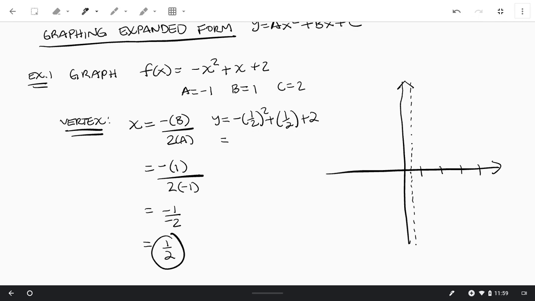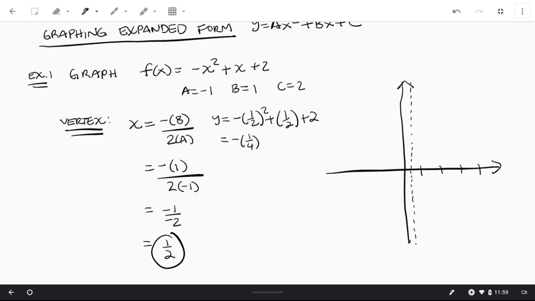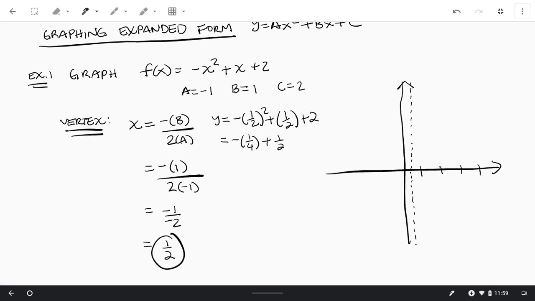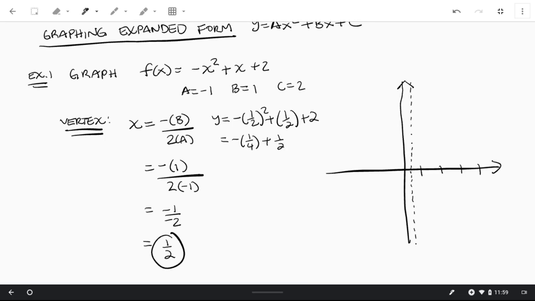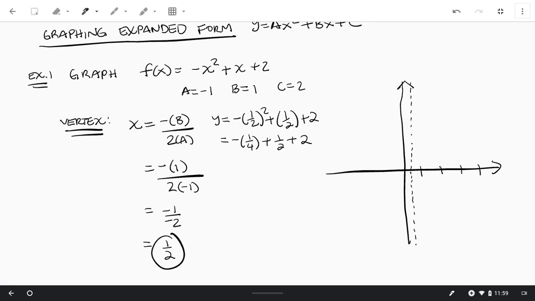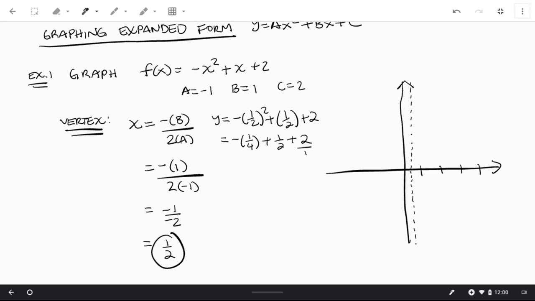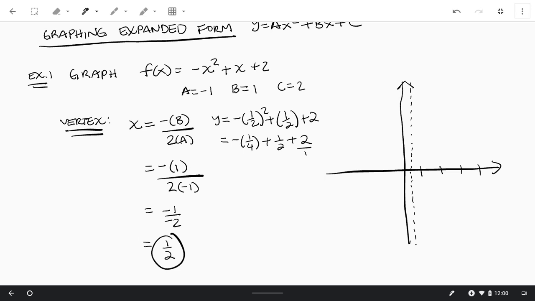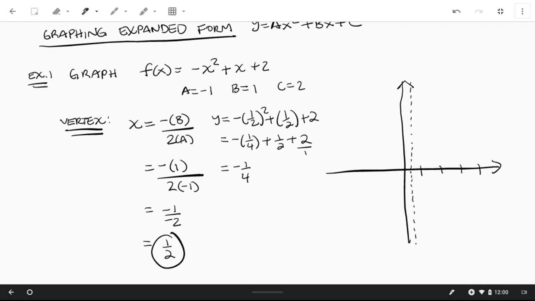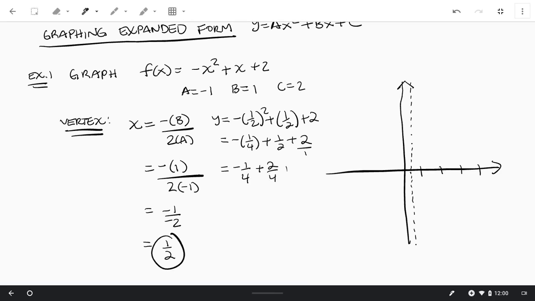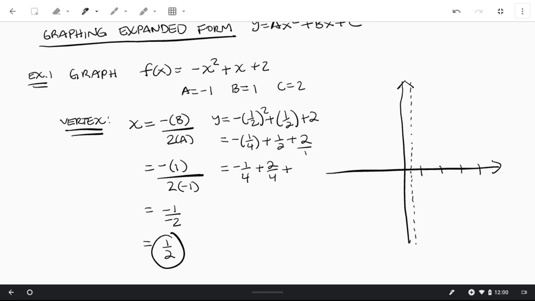Okay, so here you have to do exponents first, and then you can multiply by that negative on the outside. So that's going to be negative out here, and this is 1/4. Okay, and I'm going to turn these all into fractions. So I'm going to put that 2 over 1. So this is going to be -1/4. And LCD is 4, so this is going to be 2/4. And this one over here will be 8/4.